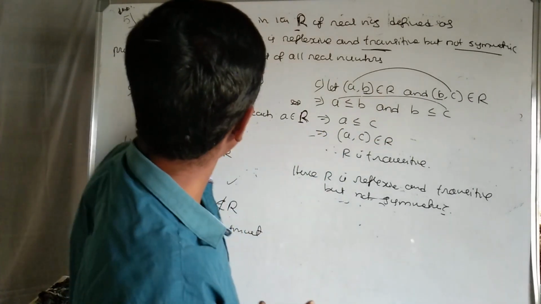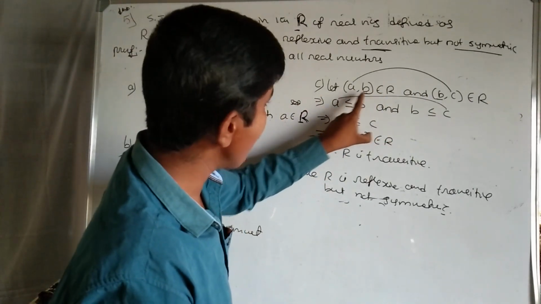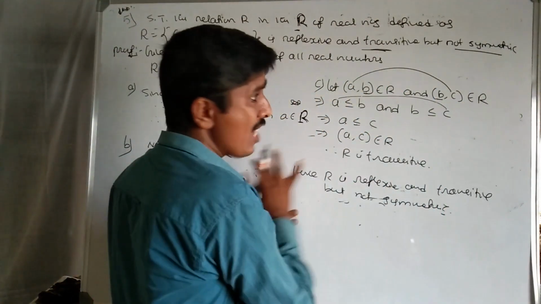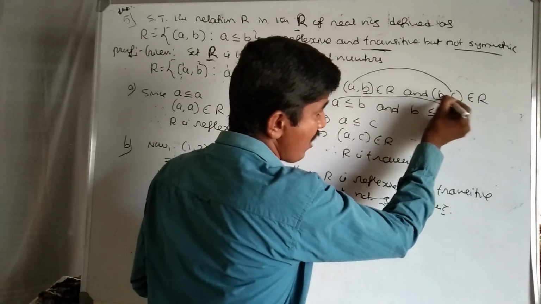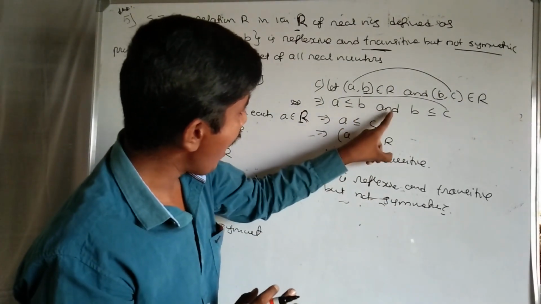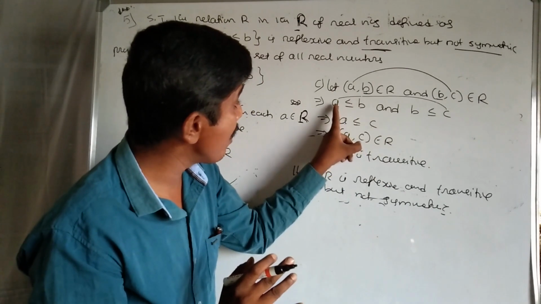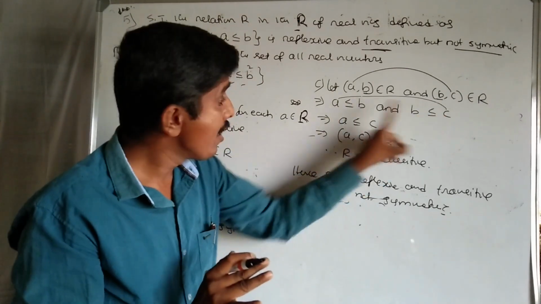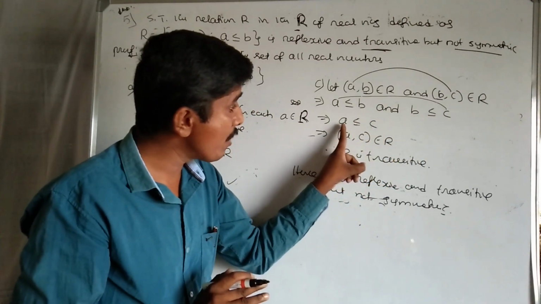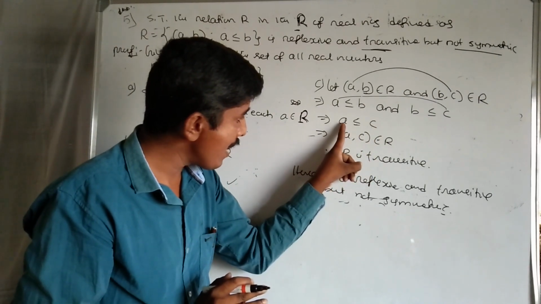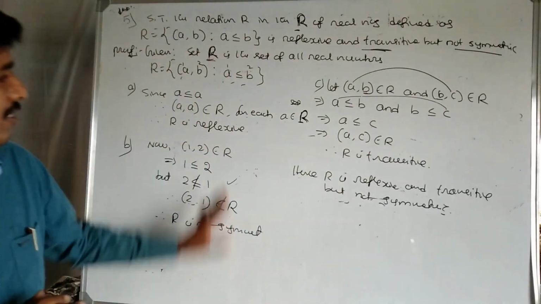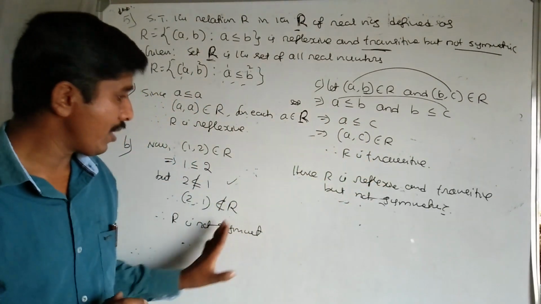A comma B belongs to relation means the relation between first and second element is less than or equal to: A is less than or equal to B. And B comma C belongs to relation means B is less than or equal to C. A less than or equal to B and B less than or equal to C, then clearly A is less than or equal to C. Clearly there is a relation between A and C. Therefore A comma C belongs to relation. Therefore the relation is transitive. Clearly it is reflexive and transitive but not symmetric.